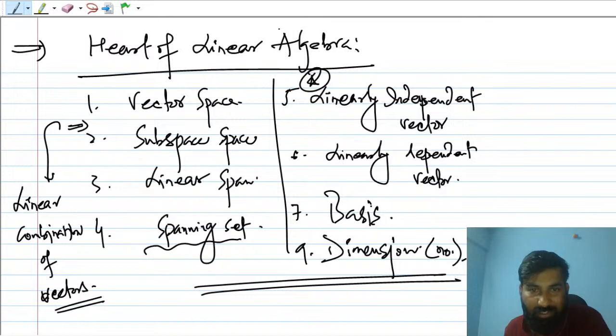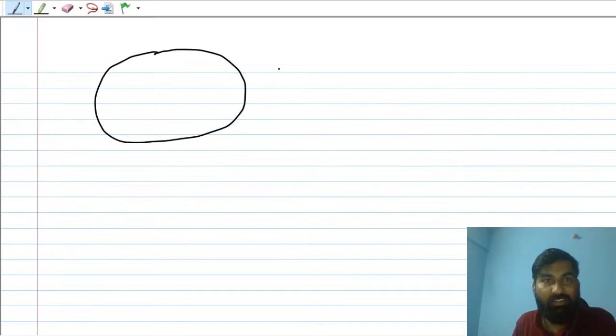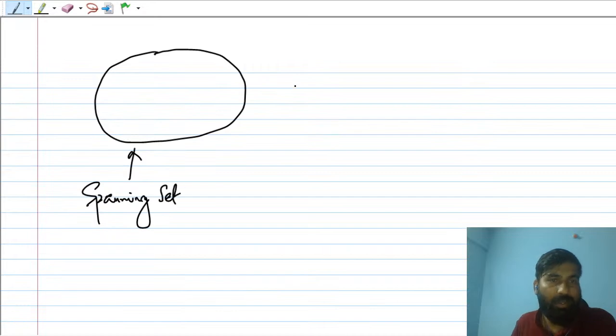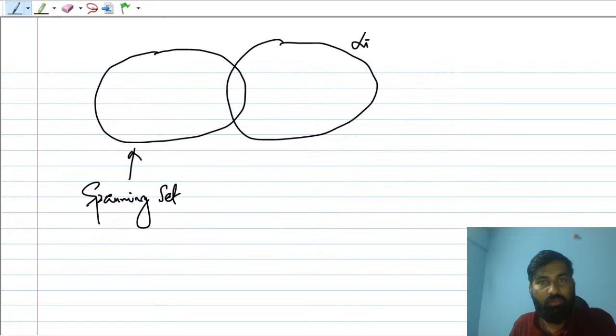Basis is nothing but the collection of what? What is basis? I am just going to show you the basis. Suppose this set belongs to the spanning set, and this set belongs to linearly independent vectors.